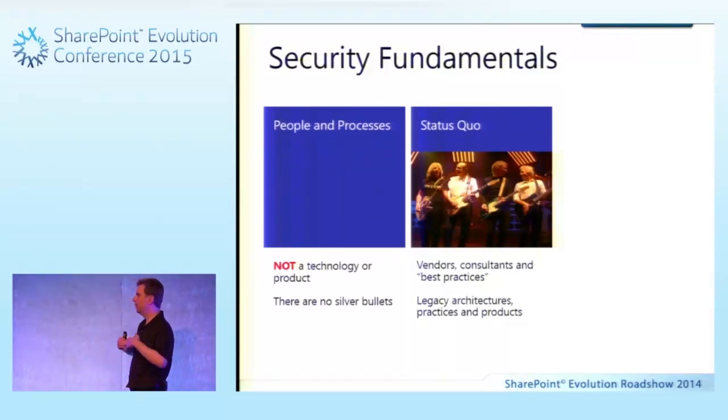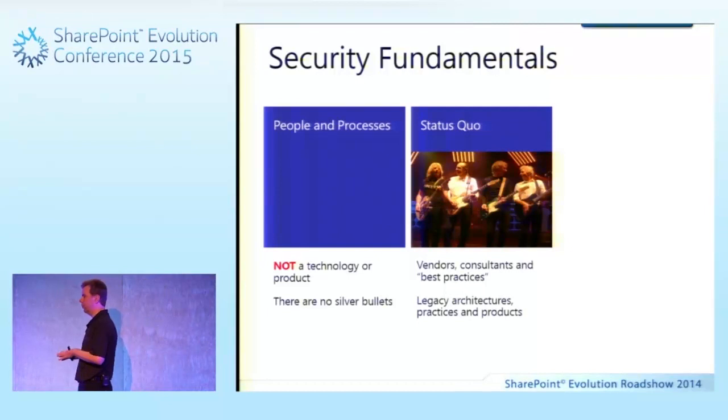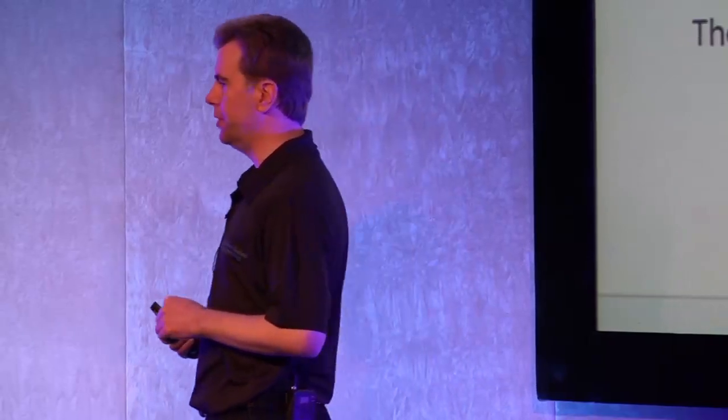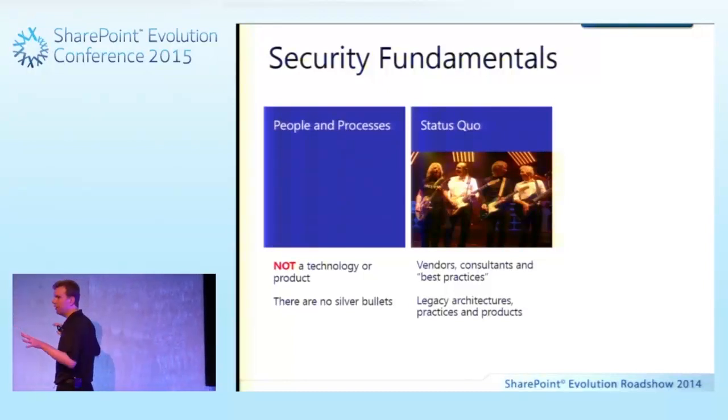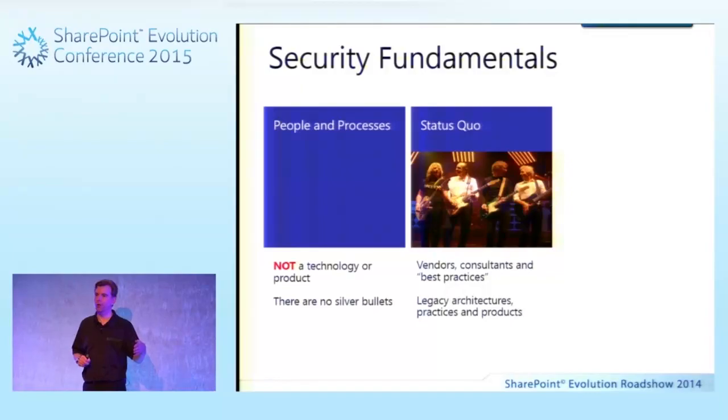So that status quo is the industry basically still selling the same solutions they were doing 10, 15 years ago. Firewalls, load balancers, all those types of things. But more importantly, the legacy architectures that are out there in terms of network design. If you think about SharePoint, we used to have all these posters on TechNet, what I call marketecture, with these heinously complicated designs for edge firewall and back-to-back screened networks, all that kind of stuff.